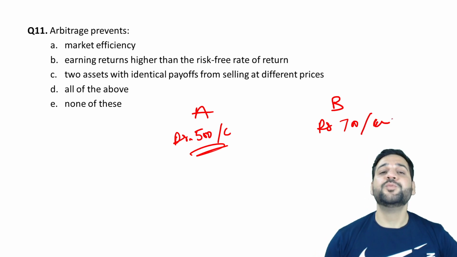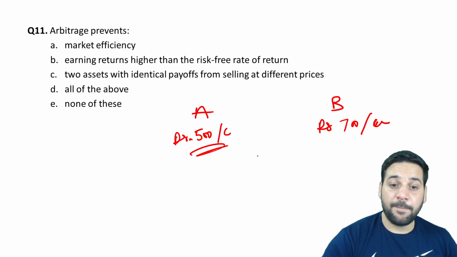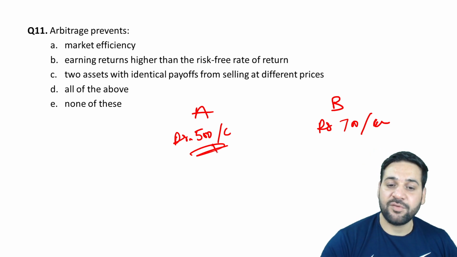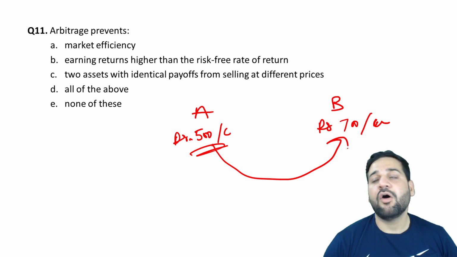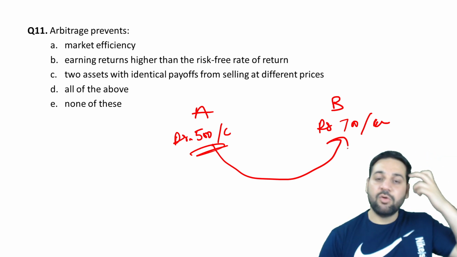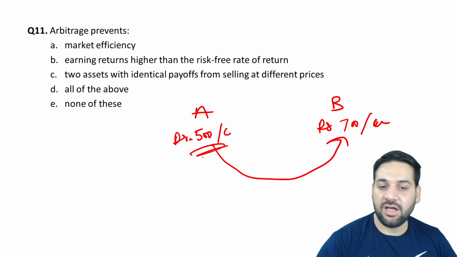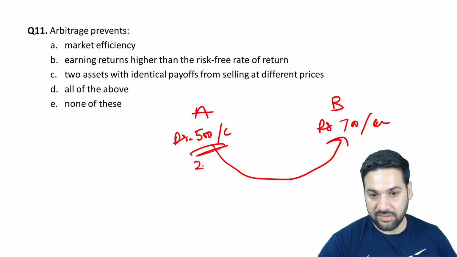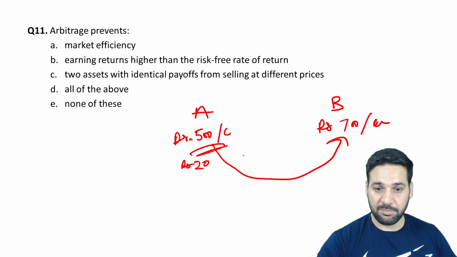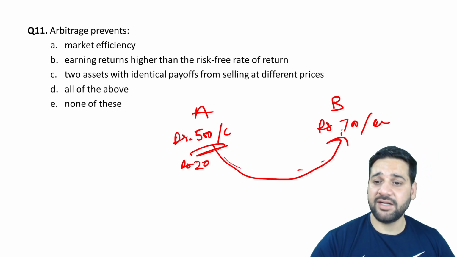So what would you do as an intelligent trader? You would buy the crates of apples from here and sell them there. Obviously, there would be transportation cost, loading and unloading cost. Let's say the cost of transportation and loading, unloading per crate is 20 rupees. But still you are making 180 rupees. You'll buy crates here and sell them here.